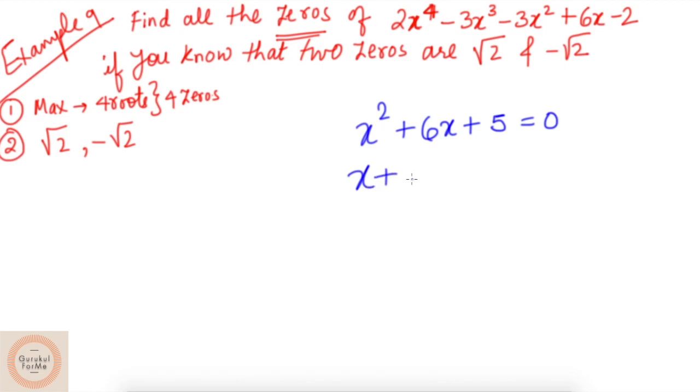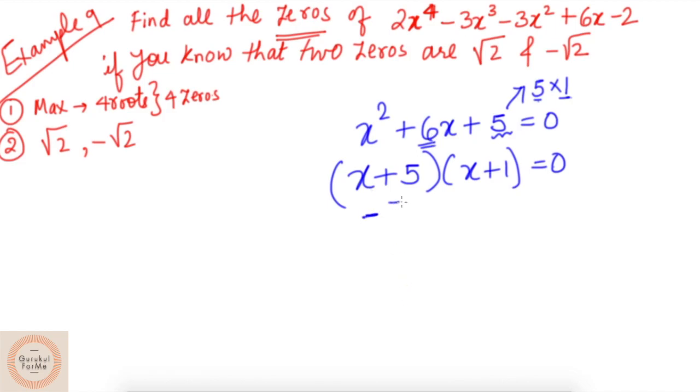Can I get two factors here, x plus 5 into x plus 1? How do you get that? You split 5 into two factors, 5 and 1, such that the multiplication is 5 and the addition of 5 and 1 is 6, which we are getting. Can I say that the roots or the zeros are minus 5 and minus 1? These are the roots. This is just another example, so just ignore the above example.